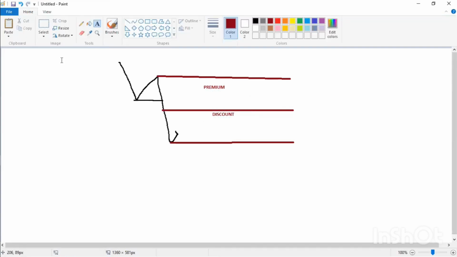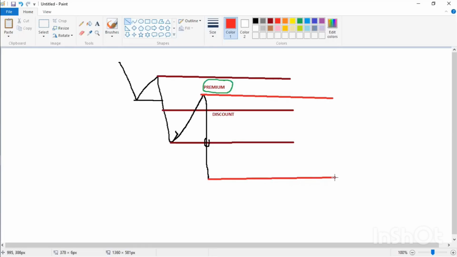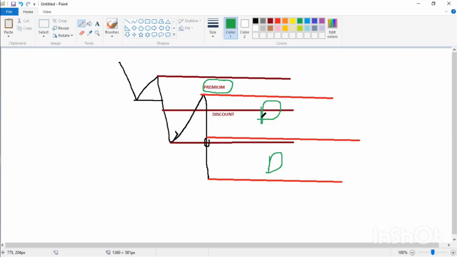In a downtrend, we are only selling in premium. Price goes to premium, we sell. Break market structure, you mark the new range. This is the new high, this is the new low, this is the new 50%, and this is the new premium and new discount.